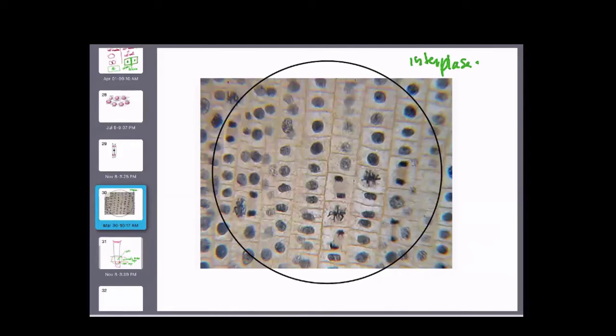So if we look at the circle here, which ones just jump out at you immediately as, oh, I know exactly what that one is? Anyone want to give a guess what those are in? Those are metaphase. Definitely metaphase. But you see how it's not neat and tidy like we like to draw our chromosomes in our little simulations.